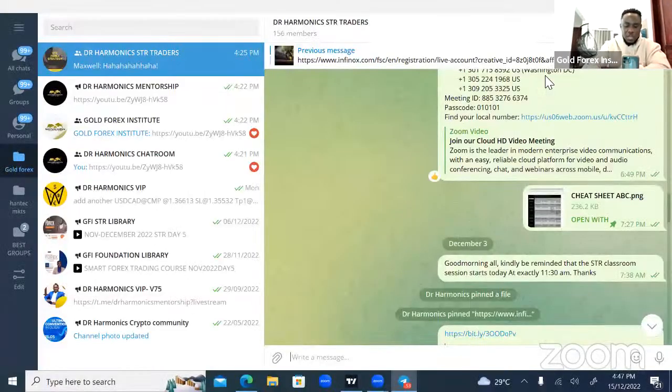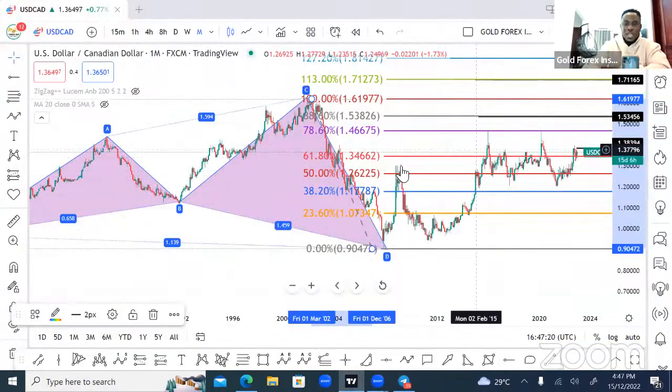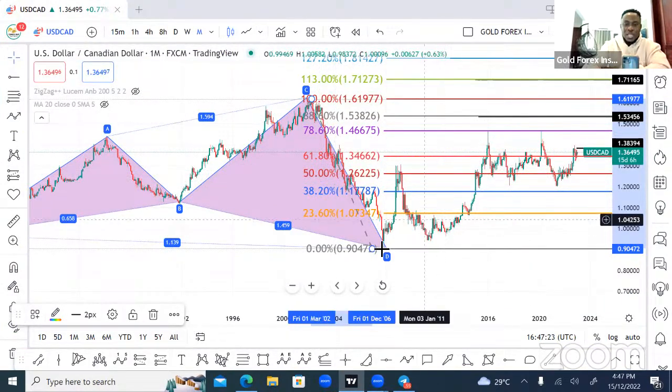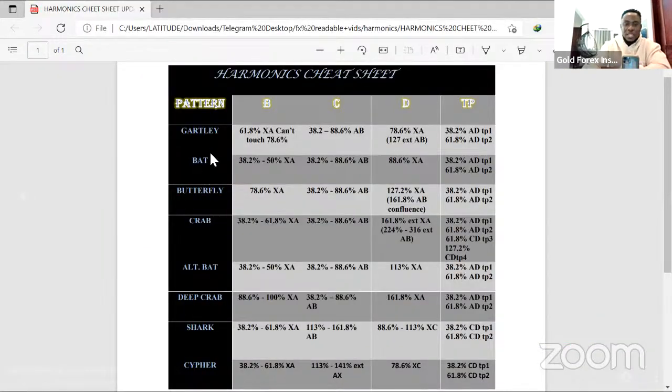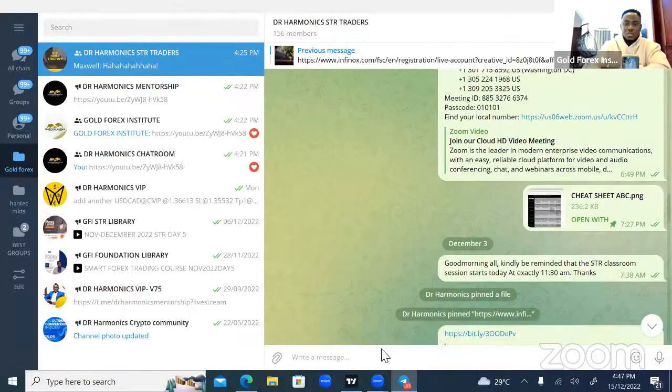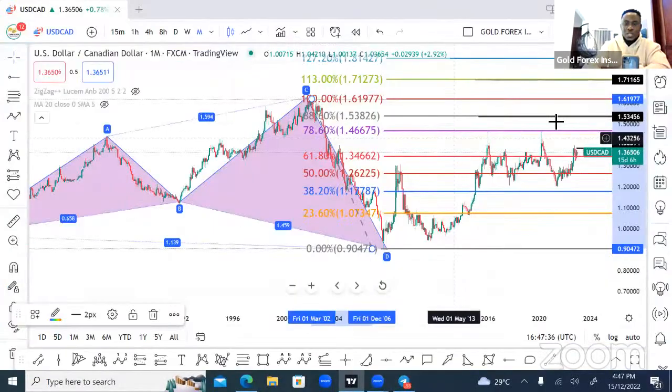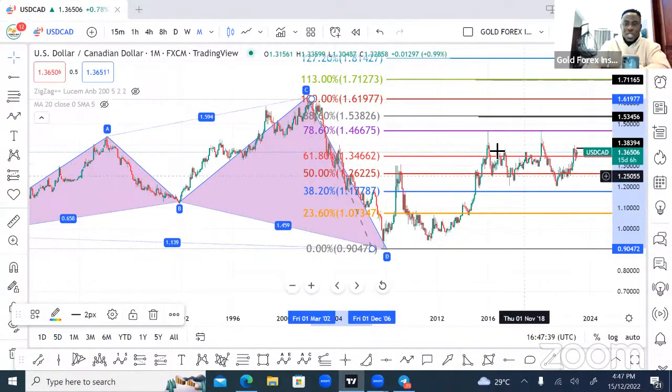When you come to this point, if you have the B at 50, then your first take profit will be the D for the bat, which is 88.6. So this correction forming over here is heading towards here first, and the second take profit will be at 113, which is alternative bat pattern.